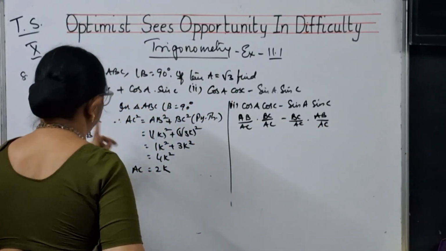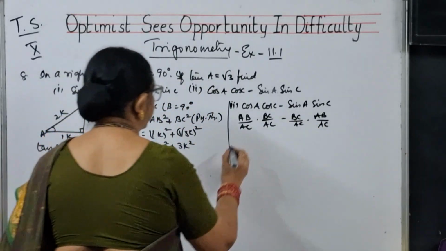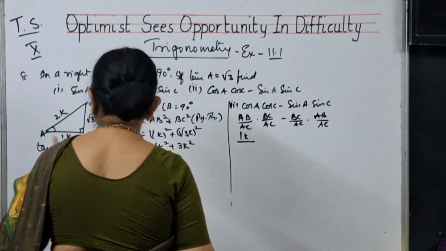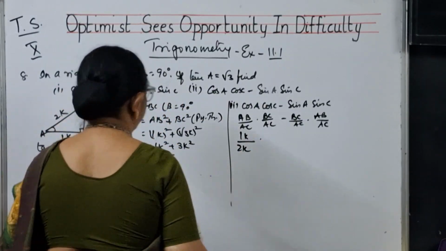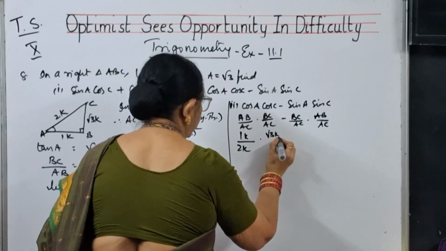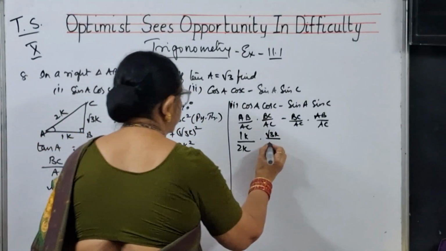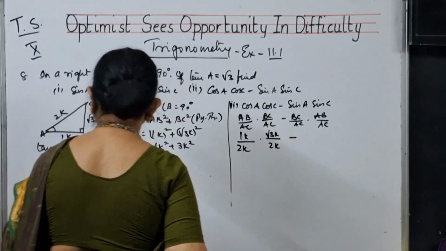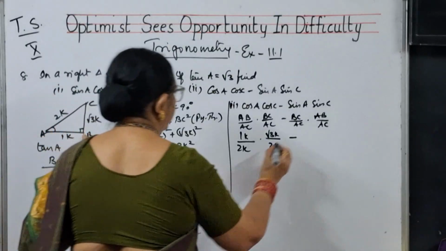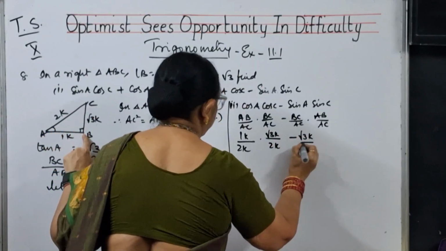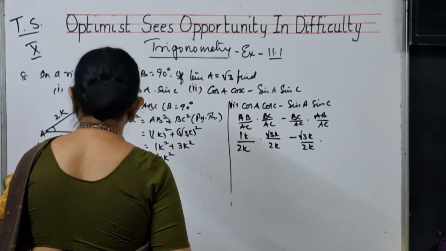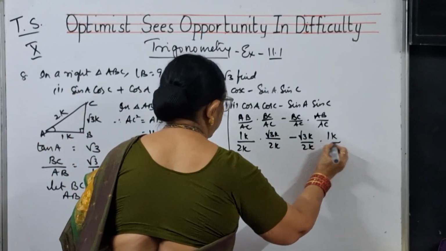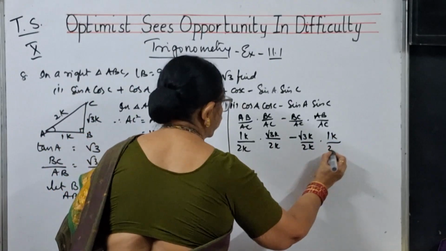So AB is 1k by AC 2k into BC root 3k by AC 2k, minus BC root 3k by AC 2k into AB 1k by AC 2k.